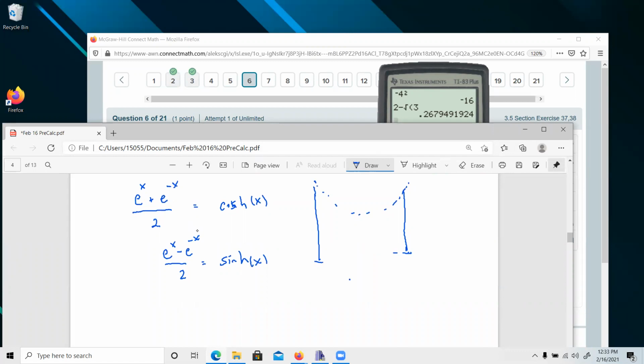If you go to the arch in St. Louis, right, this thing, you see the arch in St. Louis? This is an upside down hyperbolic cosine. If you ever go there, there's going to be a plaque on the wall, and it'll tell you what the equation is.